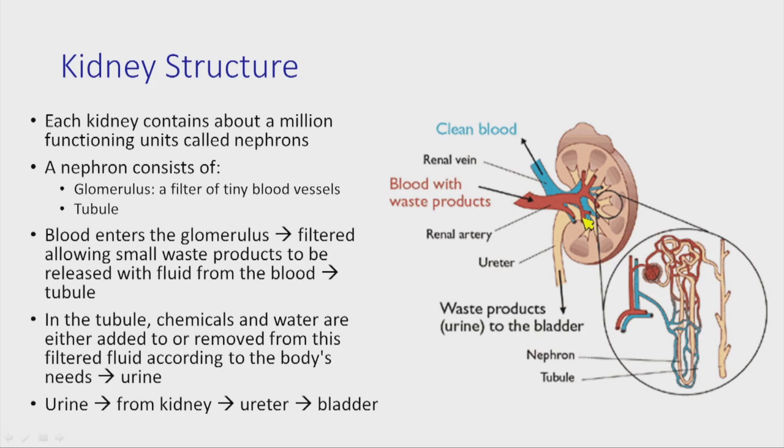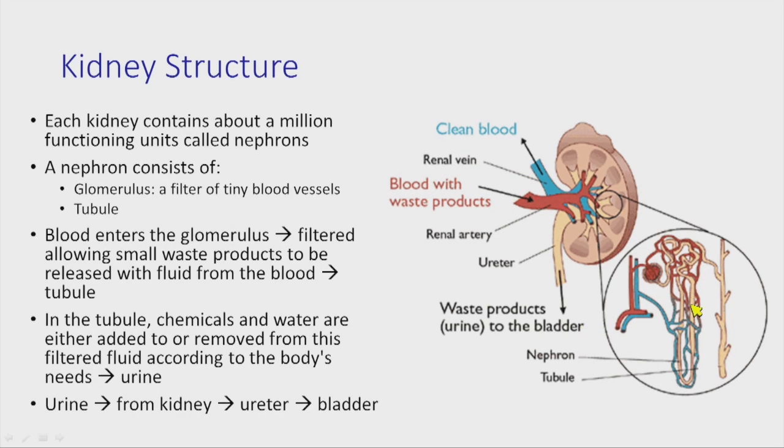So what happens is that when the blood enters the kidney coming from the renal artery, it ends up here in the border of the kidneys, and that is where the glomeruli are located. The blood enters the glomerulus and is filtered, and this allows small waste products to be released with some fluid from the blood, and then it goes from the glomerulus to the tubule.